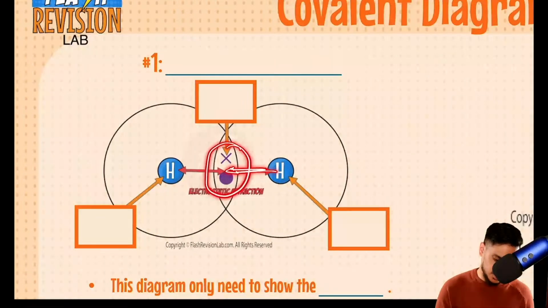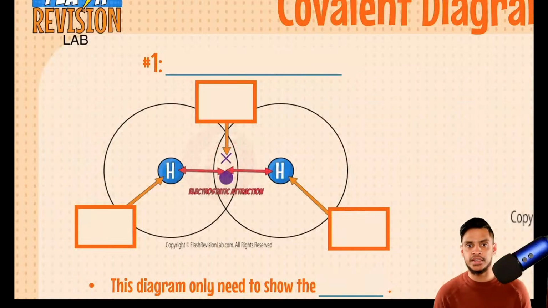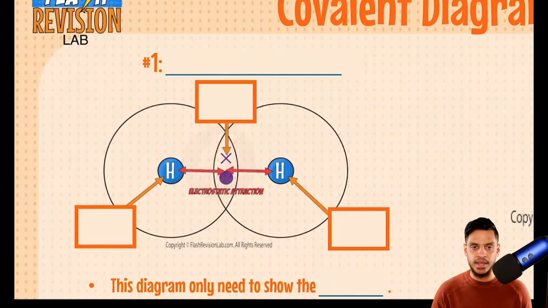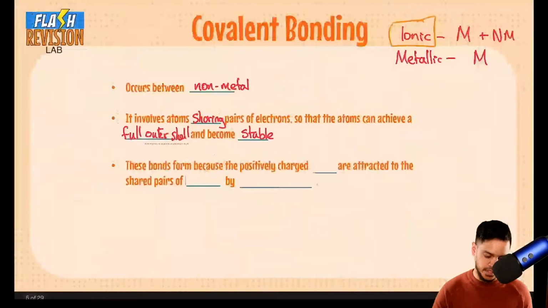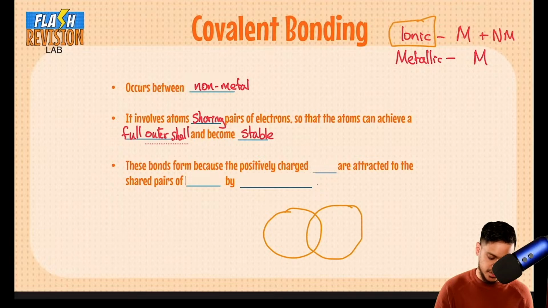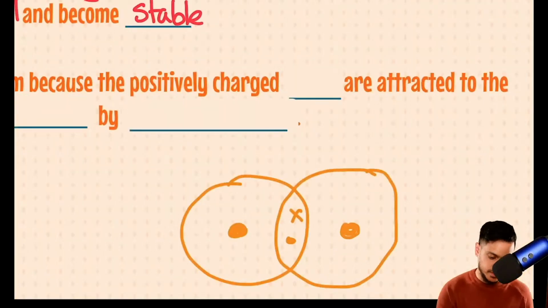This shared electron, remember electrons are negatively charged, gets attracted to the nuclei of the 2 atoms, so the two atoms either side of it. That attraction is what holds everything together. That's basically the bond. So the attraction between here and the attraction between there.